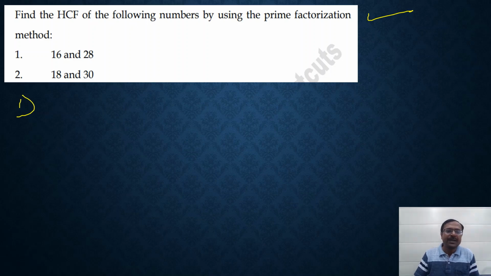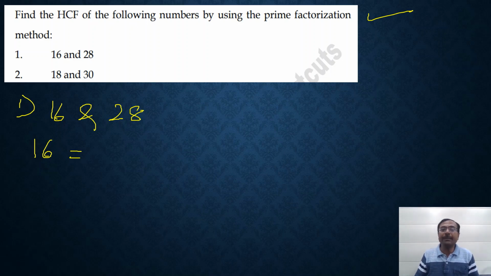See the first one, 16 and 28. We need to find the highest common factor, right? So do you know what are the factors of 16? Either you can list down all the factors or you can make the prime factors, because the method is called prime factorization. So I'm going to represent 16 as a product of primes.